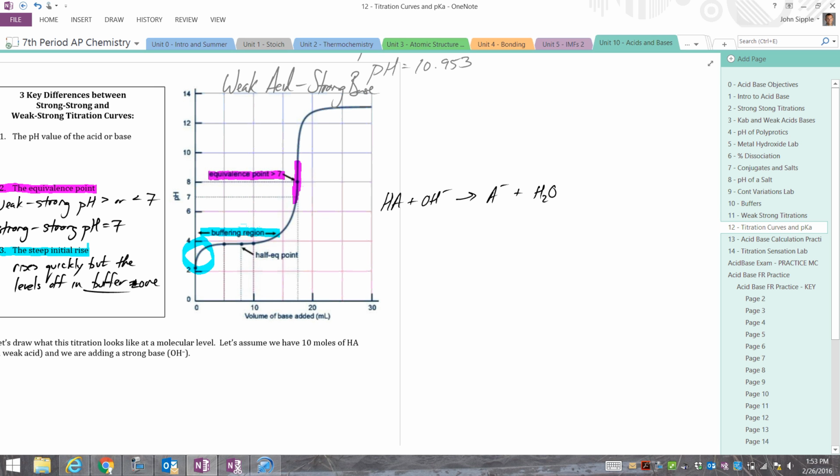As you're adding the OH, you start creating A minus, so then you set up the buffer. You get a buffer in solution so that the pH stays pretty constant. So you get a nice flat area on the graph.